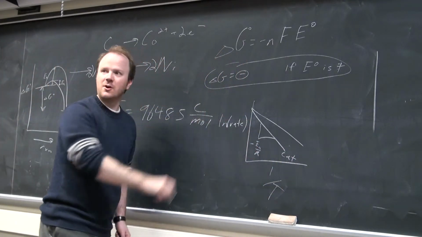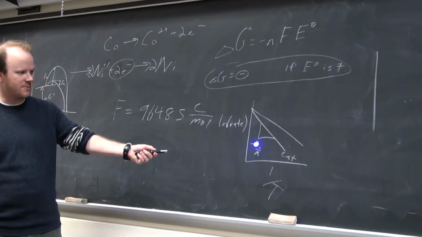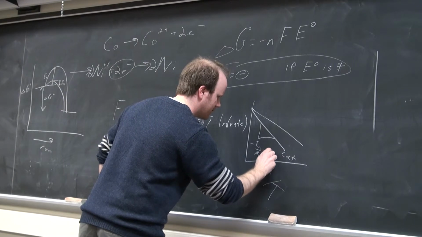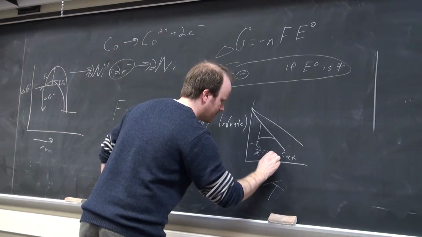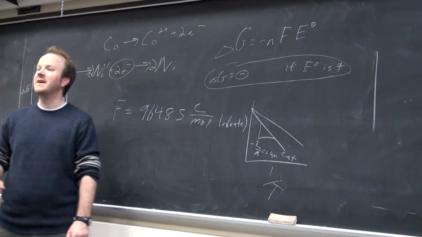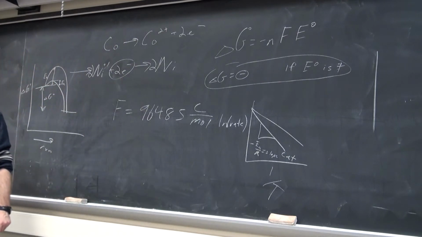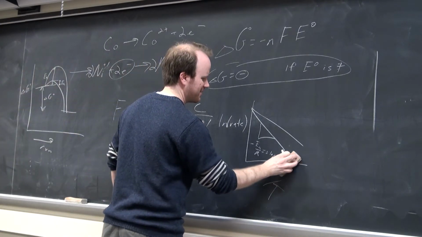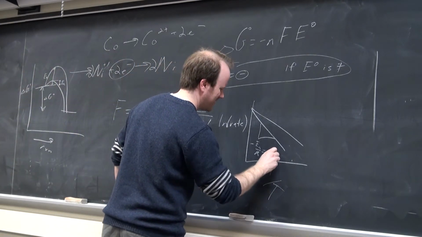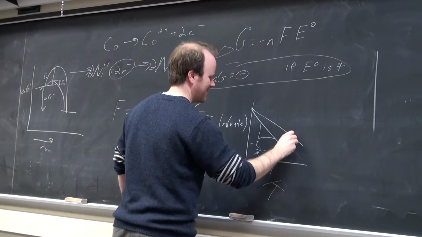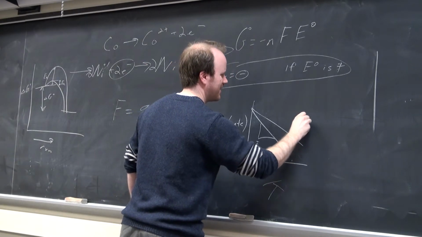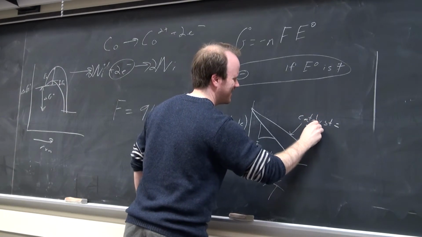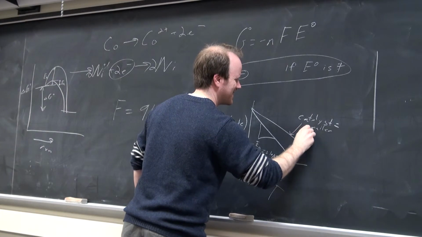Right? Higher slope will give us a larger value in the numerator, because this equals slope. Why do you want a larger activation energy when the catalyst is lower? Oh, sorry. Catalyst equals smaller activation energy.